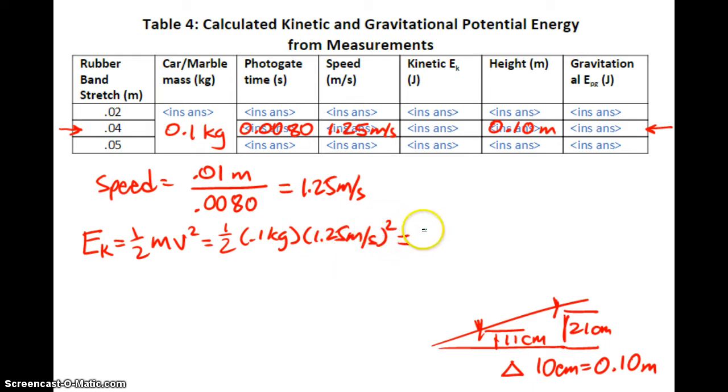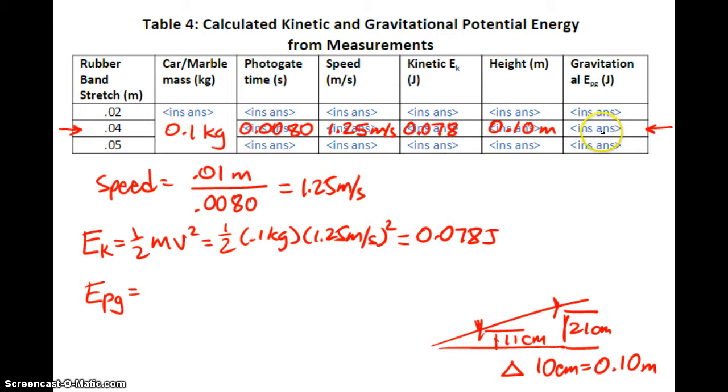I multiply that all out, I get 0.078 joules. I'll put that here. 0.078 joules. Notice that that happens to be less than the elastic potential energy where it was stretched out. Some of our energy obviously went some other place. Think about that as part of your analysis.